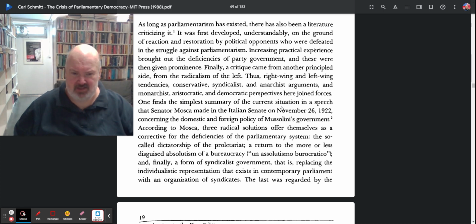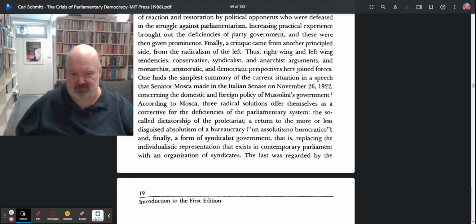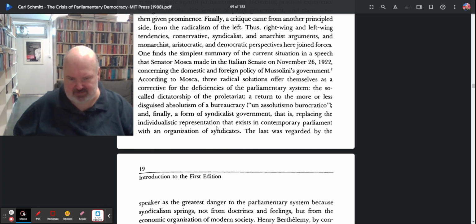He goes, so that a speech by Senator Mosca made in the Italian Senate on November 26, 1922, concerning the domestic and foreign policy of the Mussolini government. According to Mosca, three radical solutions offer themselves as a corrective for the deficiencies of the parliamentary system: the so-called dictatorship of the proletariat, a return to the more or less disguised absolutism of bureaucracy, and finally, a form of syndicalist government, that is, replacing the individual representation that exists in contemporary parliament with an organism of syndicates.